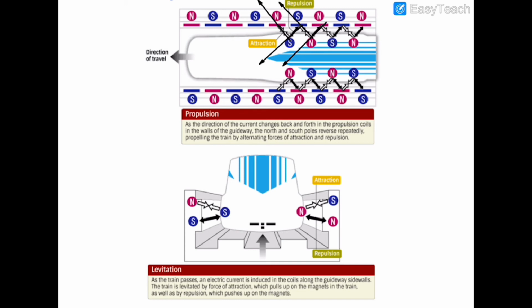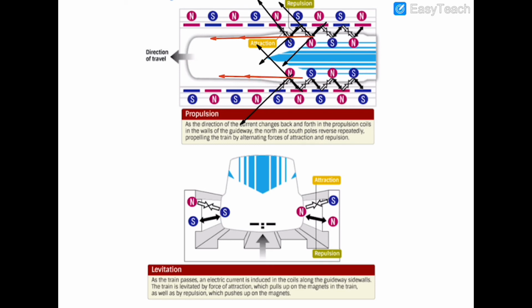So you can see that the component of this force is in the direction of the movement of the train, and here also it is the same, this is attracted like that and this is being repelled like that. So the components of these forces act like that.